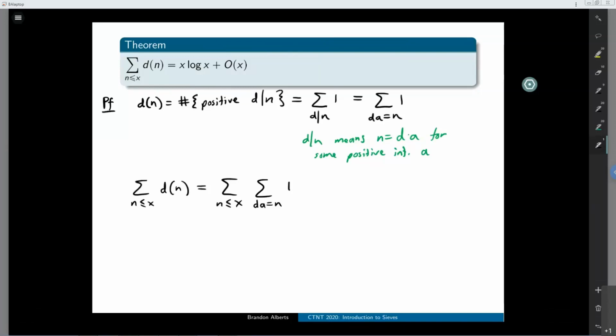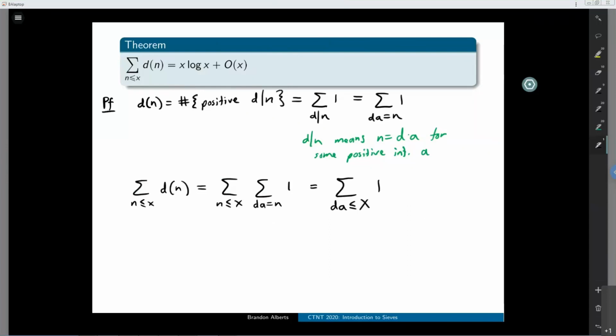And now what we can say, if we look at these two sums, the role that n plays is not significant. We're saying, oh, you look at all n less than or equal to x, but then you look at all the ways you can factor n as a product of two numbers. So what we could say is that this is really the same thing as the sum over the products of any two integers d times a that are less than or equal to x of 1. Because all I've done is I said, well, n was written as d times a, so I can remove the letter n from this notation.